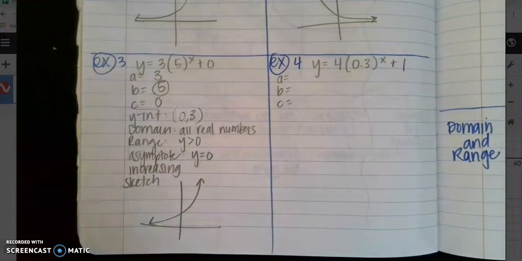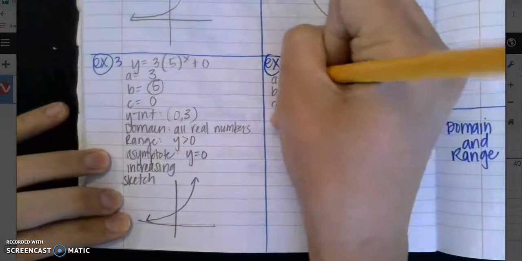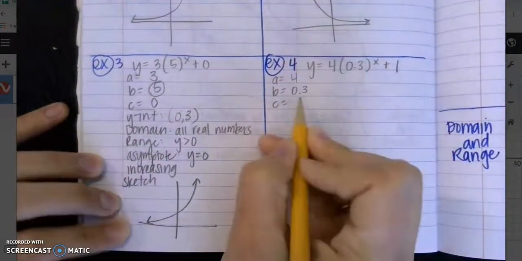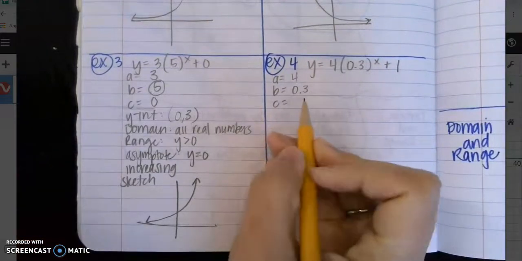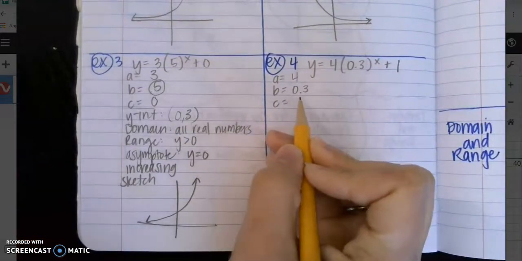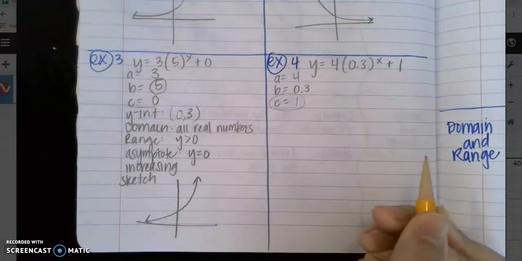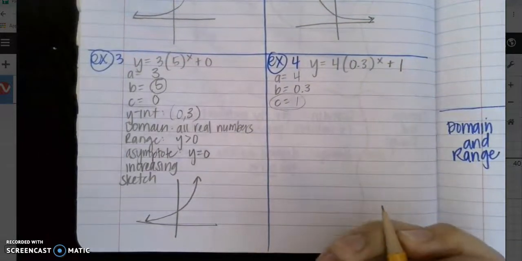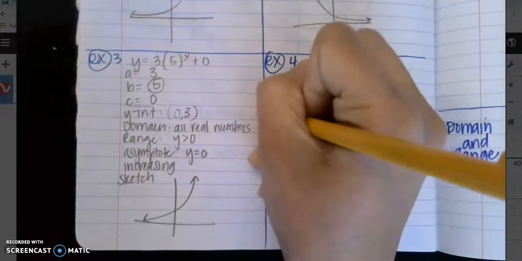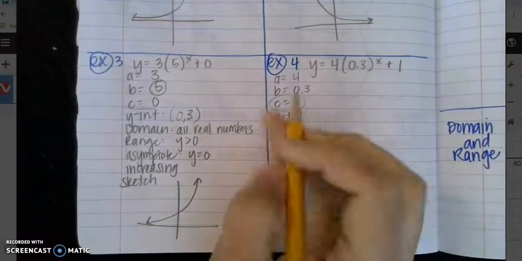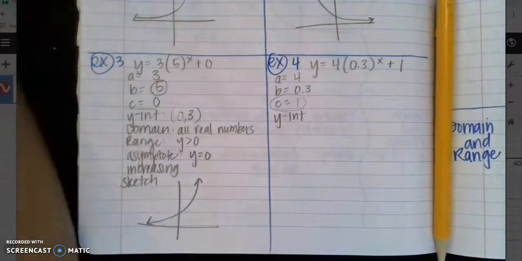All right, my A value is my number in front, which is 4. My B value is 0.3. This is a decimal value or a fractional value, so that means this is going to be a decay graph. And my C is 1. This is going to be something different than the 3 previous examples we've done. So my y-intercept can't be my A value because my C value doesn't equal 0.